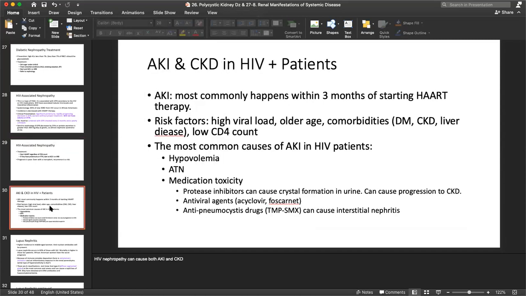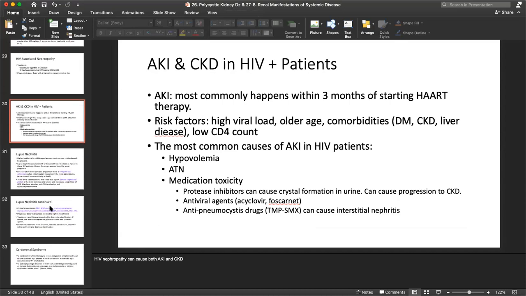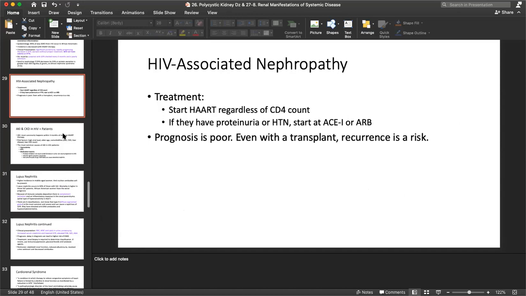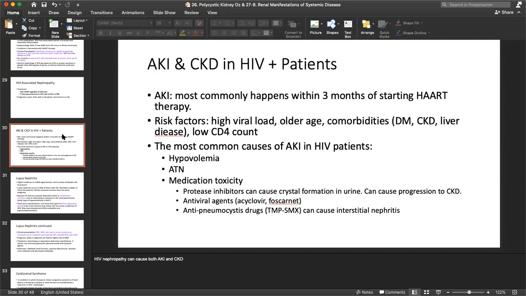Okay. AKI and CKD in HIV patients. It most commonly happens within 3 months of starting HAART. And so that's the bad thing. It's like, okay, you've got HIV-associated nephropathy, and we have to start HAART, but now that you've started this medicine, you could get an AKI. So risk factors are going to be high viral load.